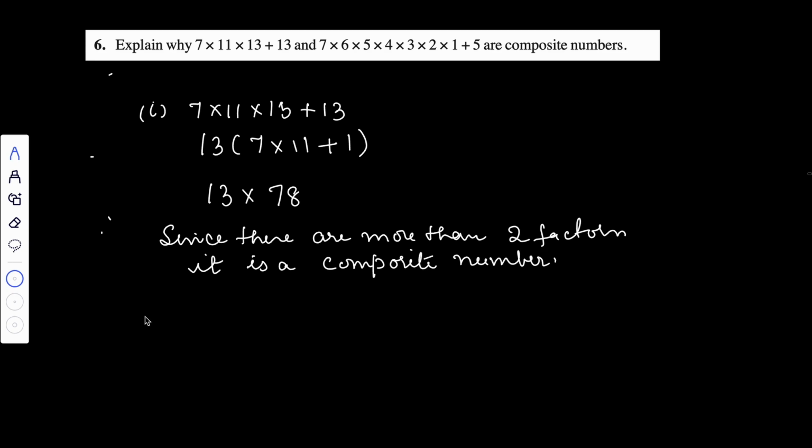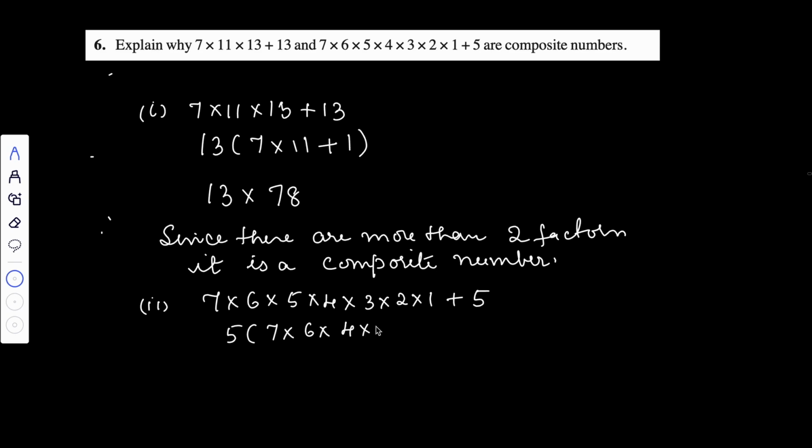Now we are going to the second sum. 7 into 6 into 5 into 4 into 3 into 2 into 1 plus 5. We can take 5 common outside. We get 5 into 7 into 6 into 4 into 3 into 2 into 1 plus 1.